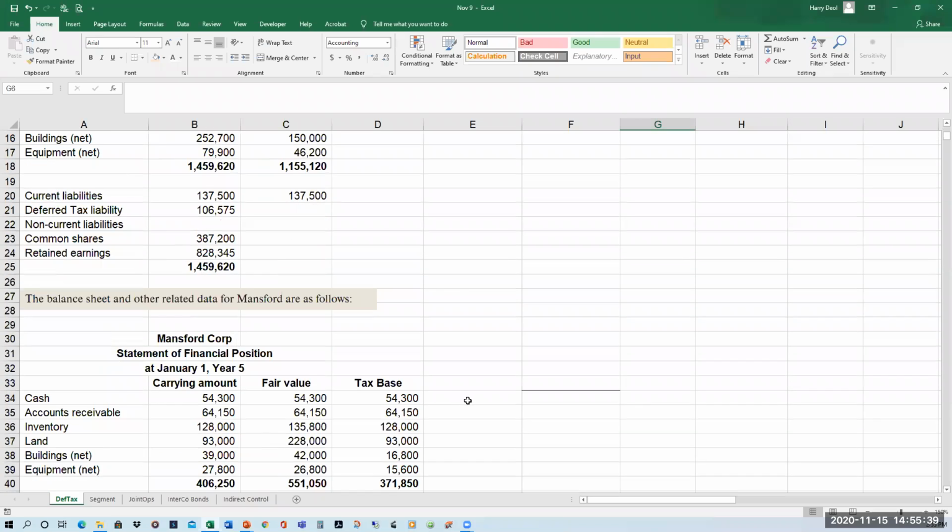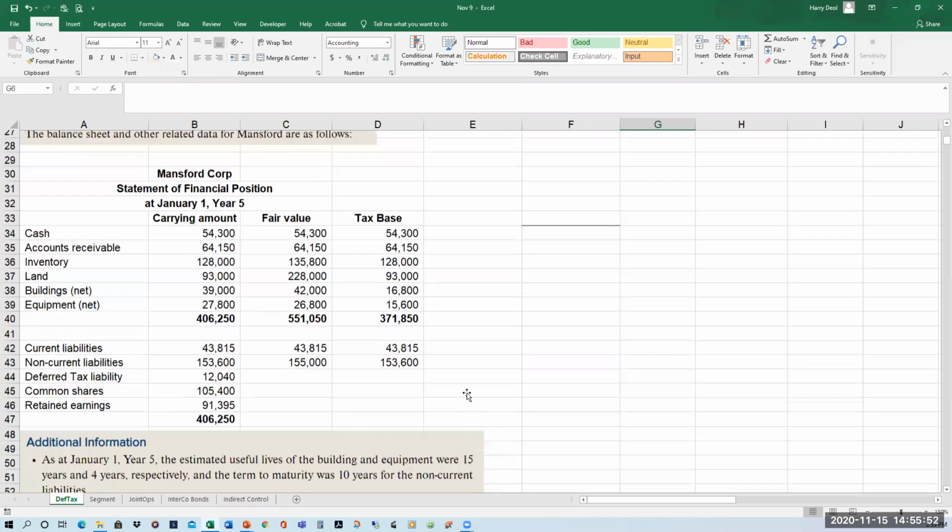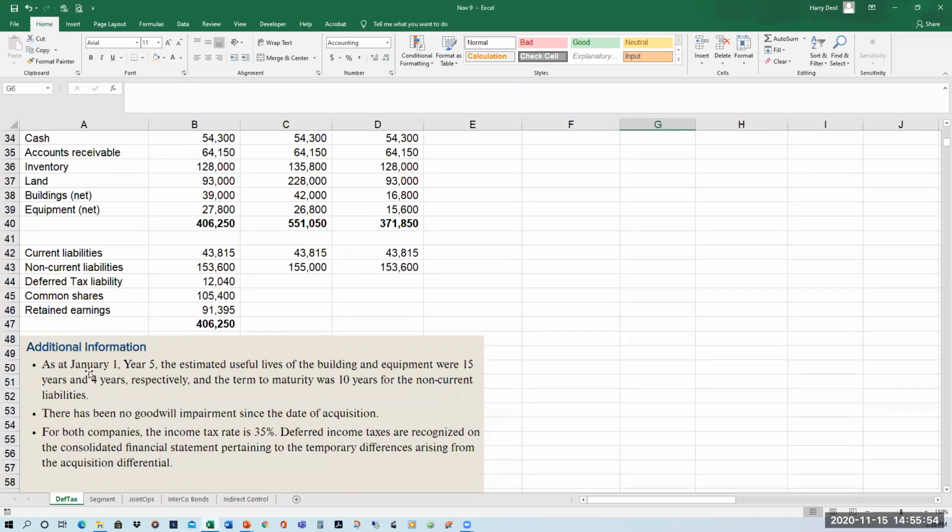The balance sheet and other related data for Mansford are as follows. So here we're given the balance sheet carrying amounts, the fair values, and the tax-based information for Mansford. Additional information, as at Jan 1st, year 5, the estimated useful lives of the building and equipment were 15 years and 4 years respectively.